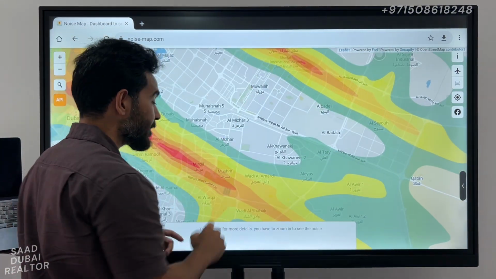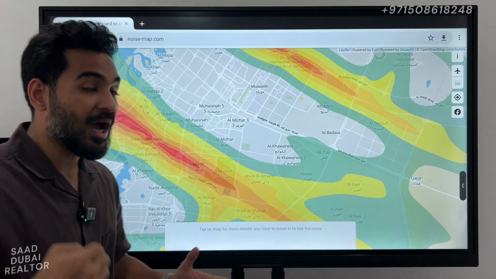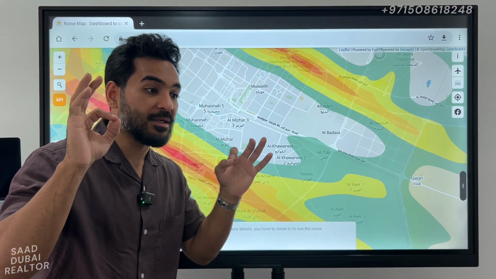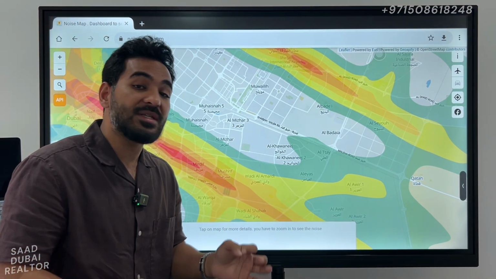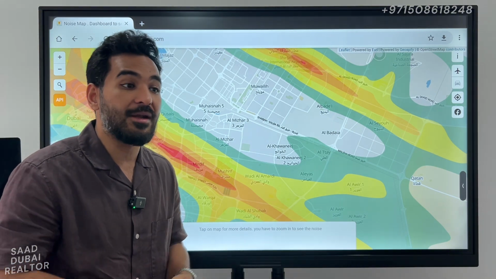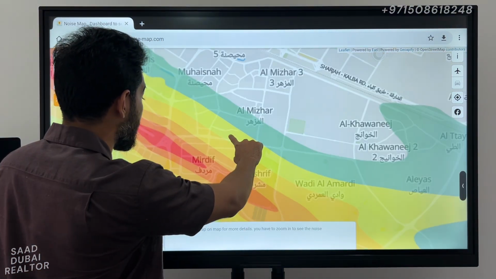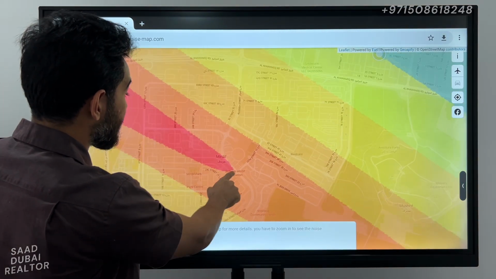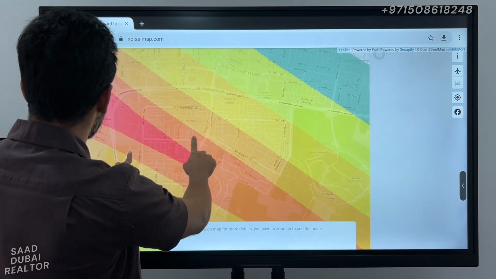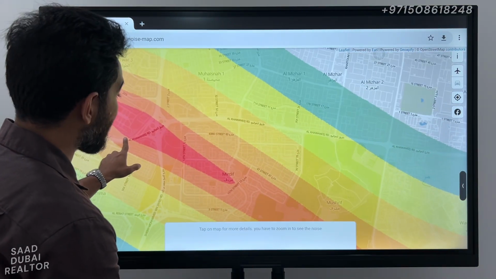So this is Dubai International Airport. Now we know there is a beautiful location that is notorious for aircraft sounds, and that area is right here, Mirdif. Look at the location of Mirdif. It's exactly on the flight path.